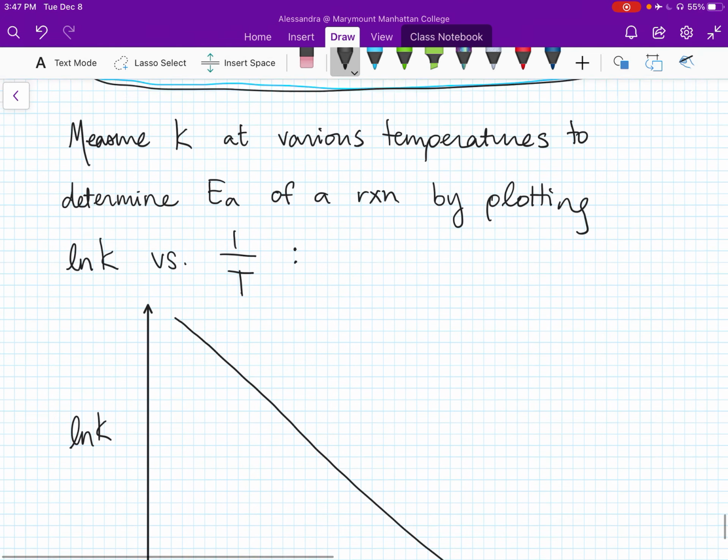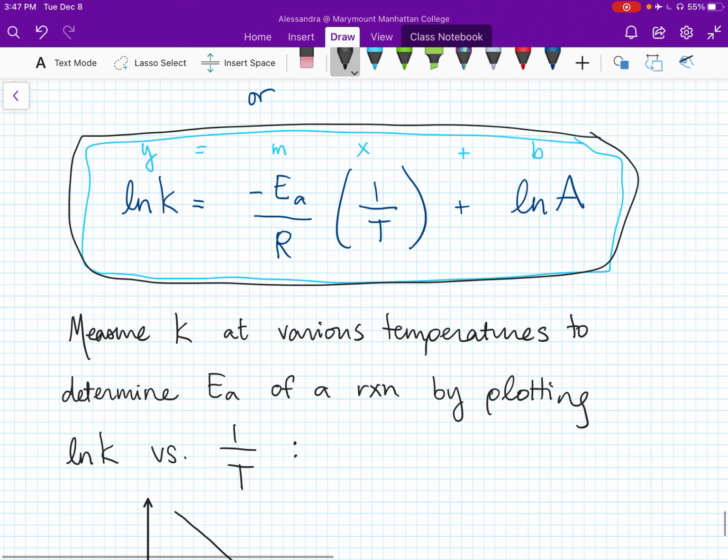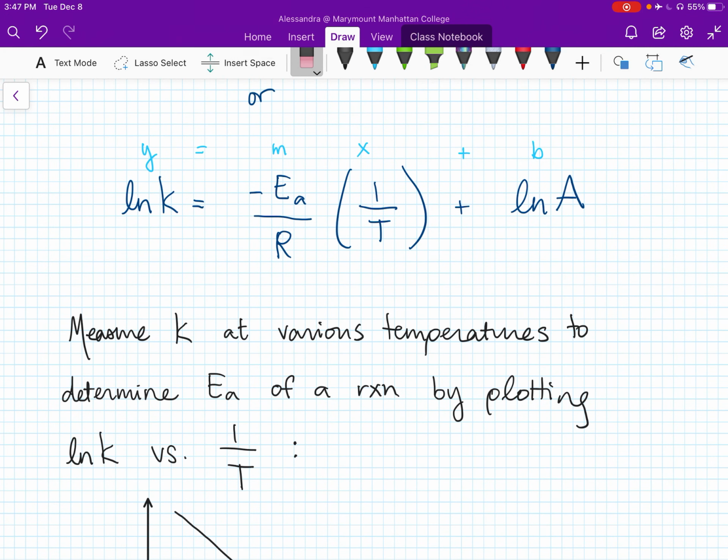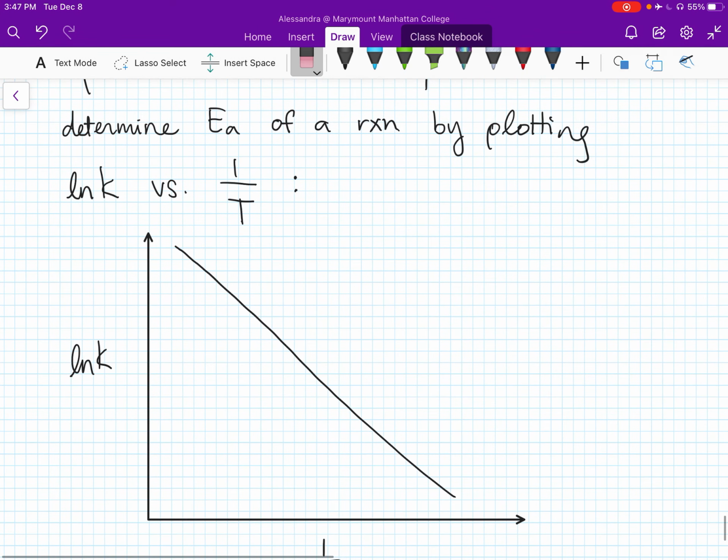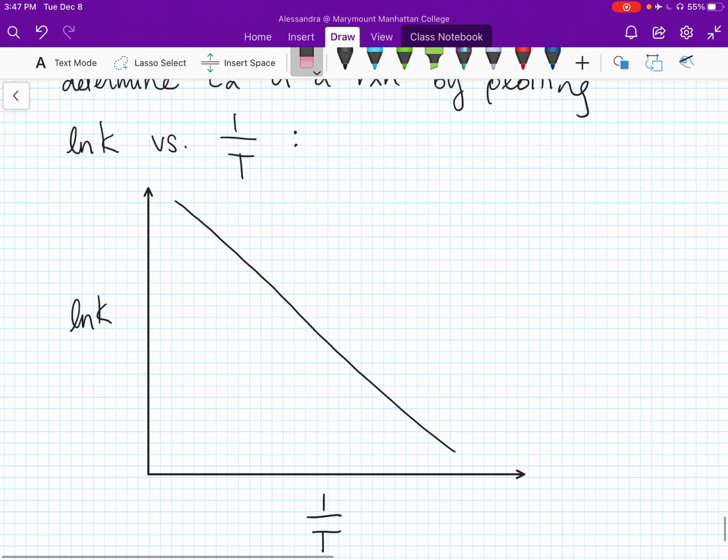And if you recall from the equation here, that slope is equal to negative EA over R, the negative of the activation energy over R. So the slope of this line unlocks the activation energy. Minus EA over R is going to be the slope of this straight line.